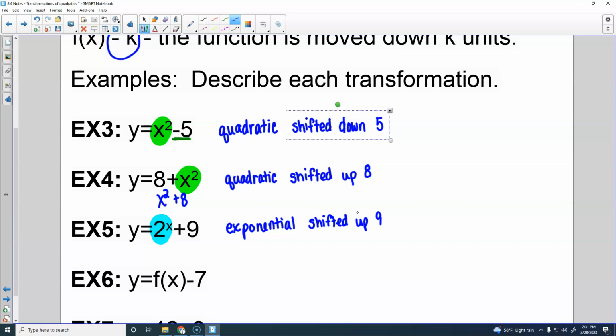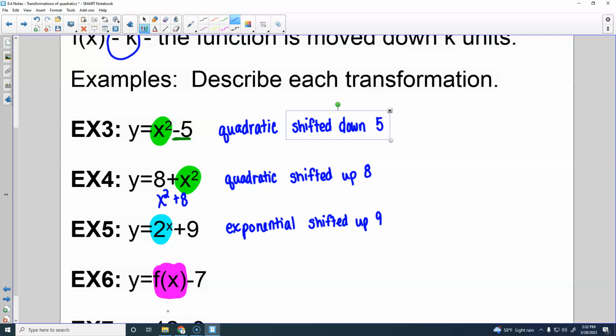What in the world have we got on number 6? Is this a quadratic, a linear, an exponential?